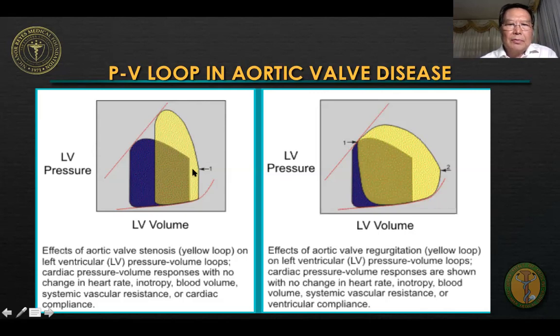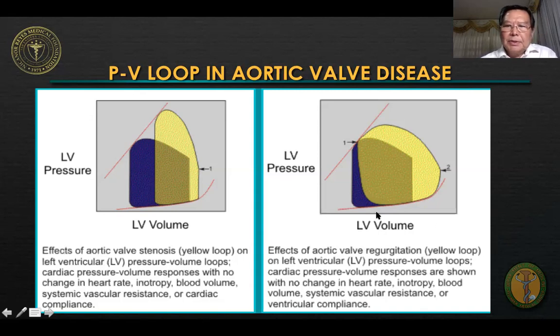But your stroke volume in patients with aortic stenosis would be lower, right? So stroke volume would be low, and your end systolic volume would be elevated. This is your normal end systolic volume. This is the end systolic volume of patients with aortic stenosis, which is elevated.